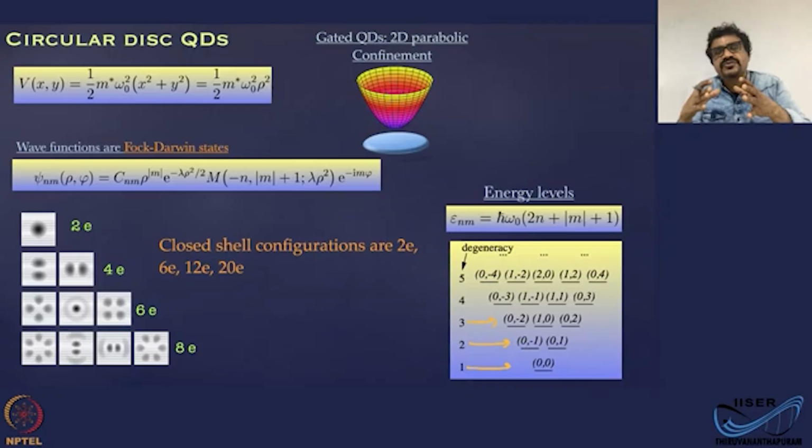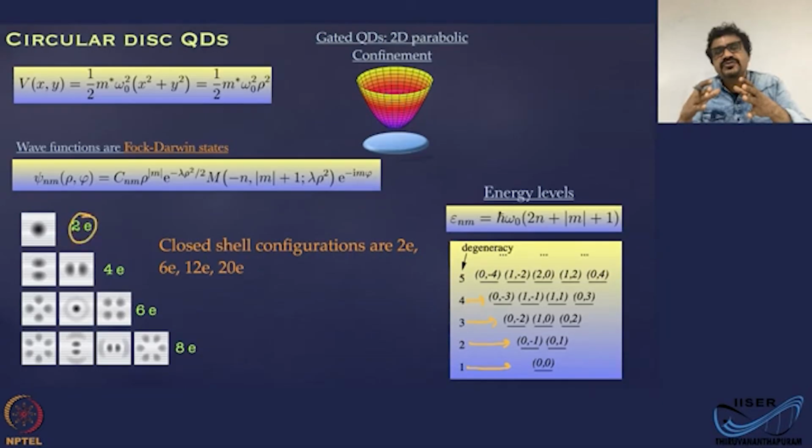And similarly, the next one, 8 electrons. So the closed shell configuration for this quantum well, just like in a natural atom, but remember a natural atom is 3-dimensional, this is a 2-dimensional atom, is 2e, that is when this is closed.